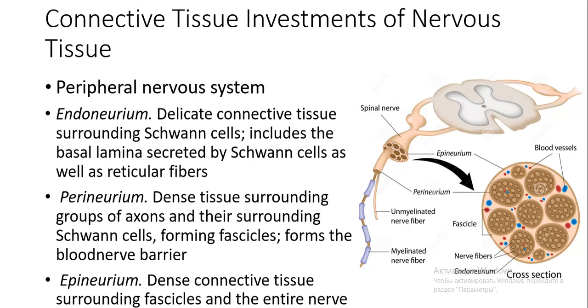It's composed of dense connective tissue. It's very thin, but still dense connective tissue, and blood supply goes only through the epineurium into these neurons, because here we have a blood-brain barrier which is made here.